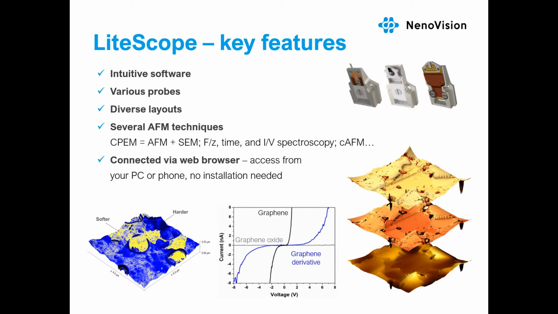So if you learn one method, you can easily measure many of the AFM techniques, depending on the probe used. Also, the operation software of the LiteScope, NanoView, is web-based, so we can access it with no installation from any computer connected to the internet or even via Wi-Fi from your phone.